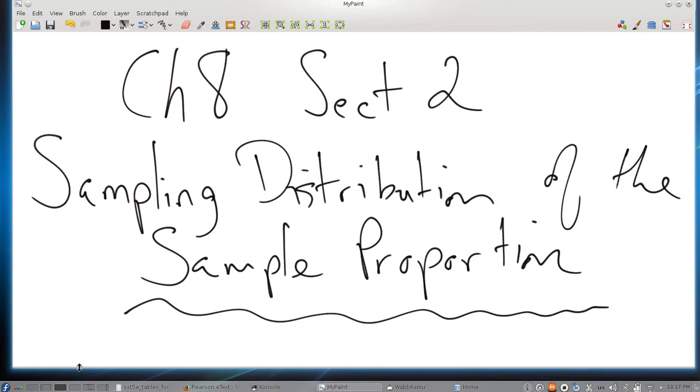The sampling distribution of the sample proportion is one example of that concept, which deals with a binomial property. For example, what proportion of people in the United States will vote for one particular political party in the upcoming election?